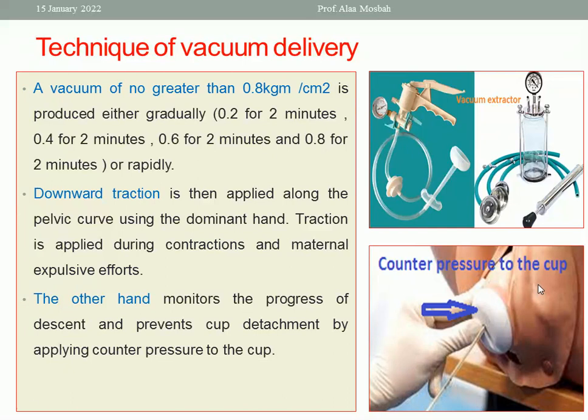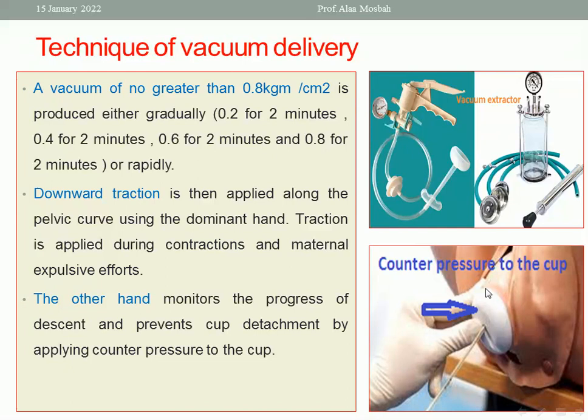What about the other hand? The other hand, as in this picture, will help in fixation or prevention of detachment of the cup from the fetal scalp. As you see, we are applying pressure on the cup to prevent the detachment of the cup from the fetal scalp. Also the role of this left hand is to follow the progress of descent.